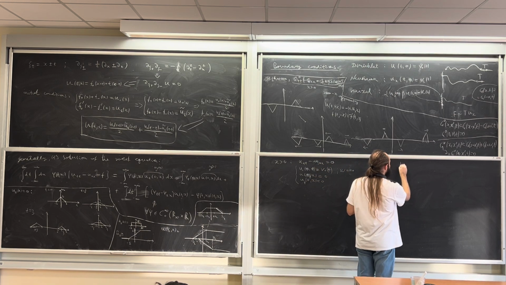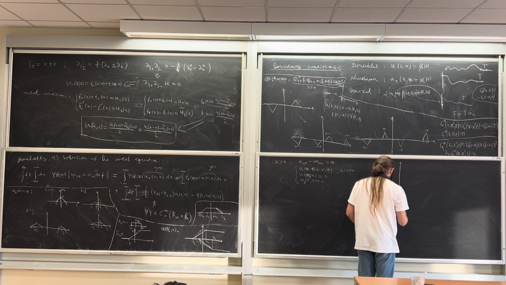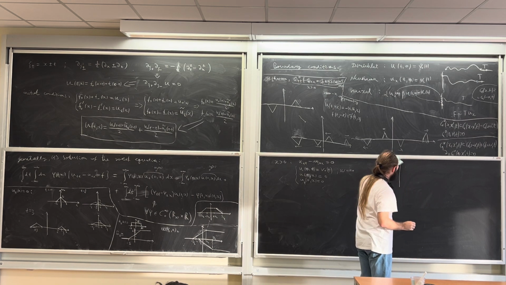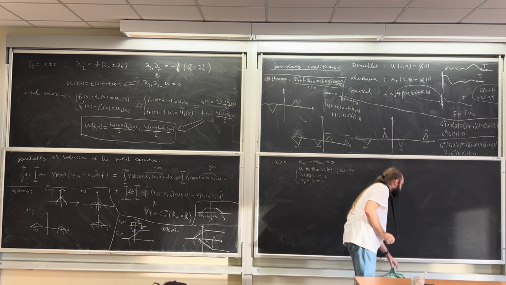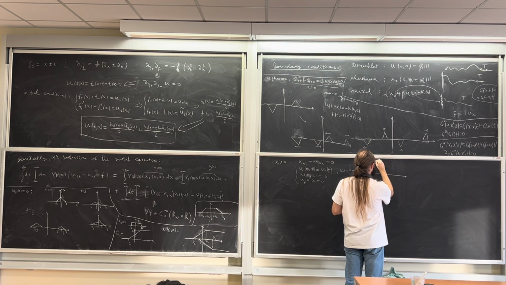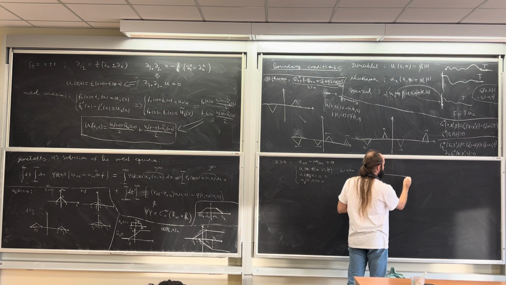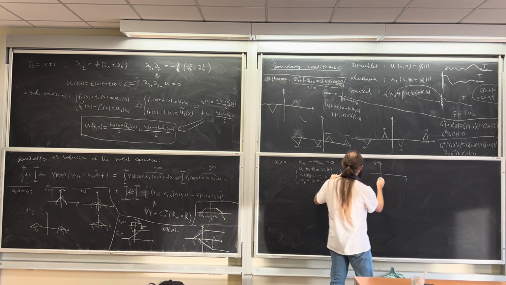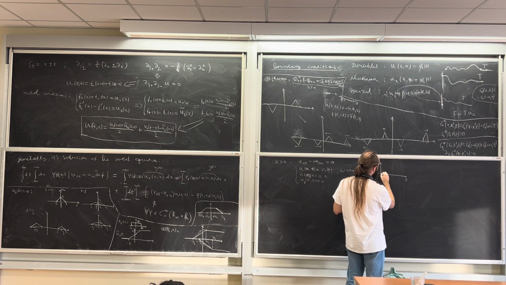So I'll propose the following picture. Suppose that we have some plot for v0 of t. It is 0 at 0, and also for all negative t's.